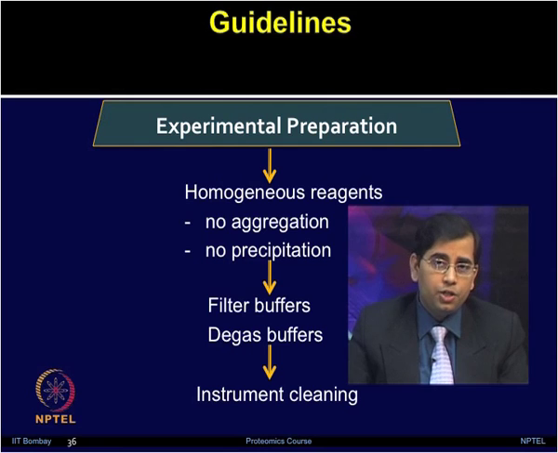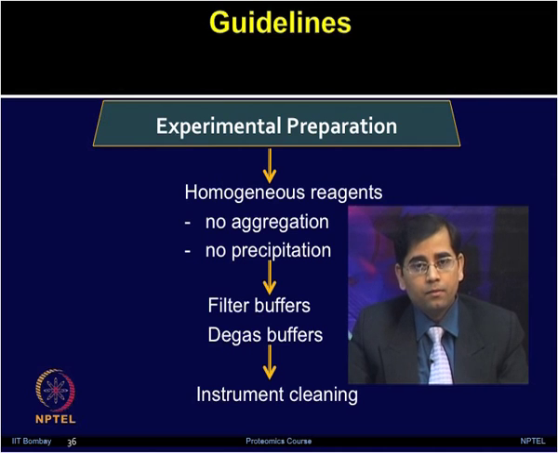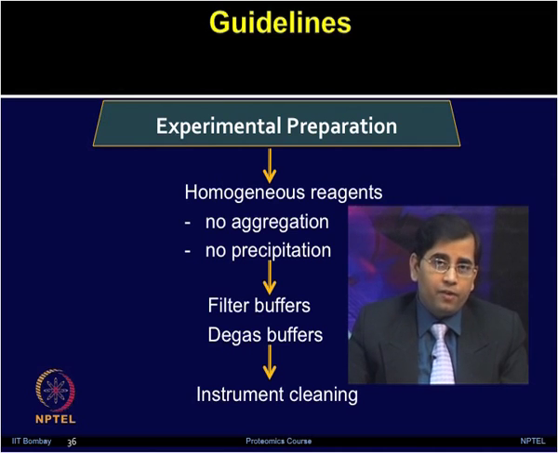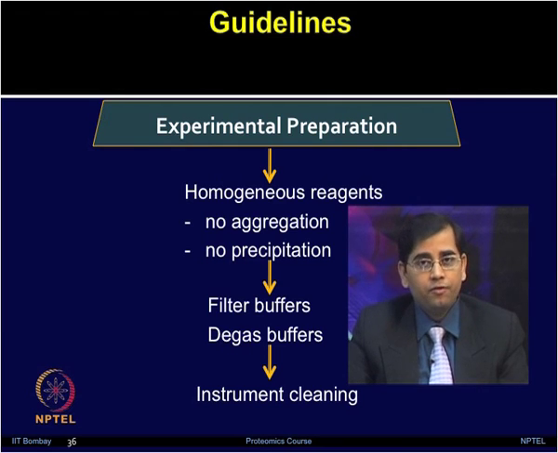One needs to ensure this during preparation of all the protein samples as well as buffers. Filter the buffers, degas them, because during the run a small bubble can totally screw up the whole experiment. Instrument cleaning is very important. You have to keep the instrument always clean, because any dust particle or any type of interference can give you artifact results.